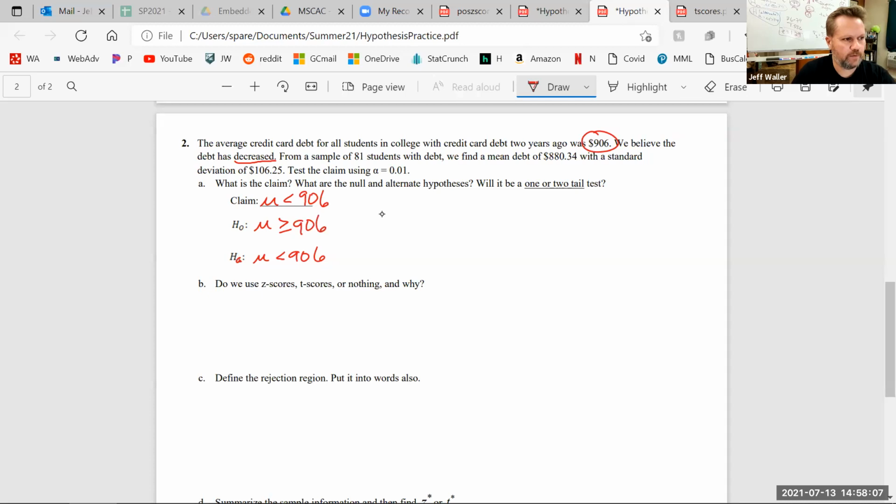Now, how many tail test will this be? One tail test, which side? To the left? Good. Because this sets up the tail, and this is less than, it points you in the direction of where the tail will be. My sample has to show up below to show evidence that the mean is less.